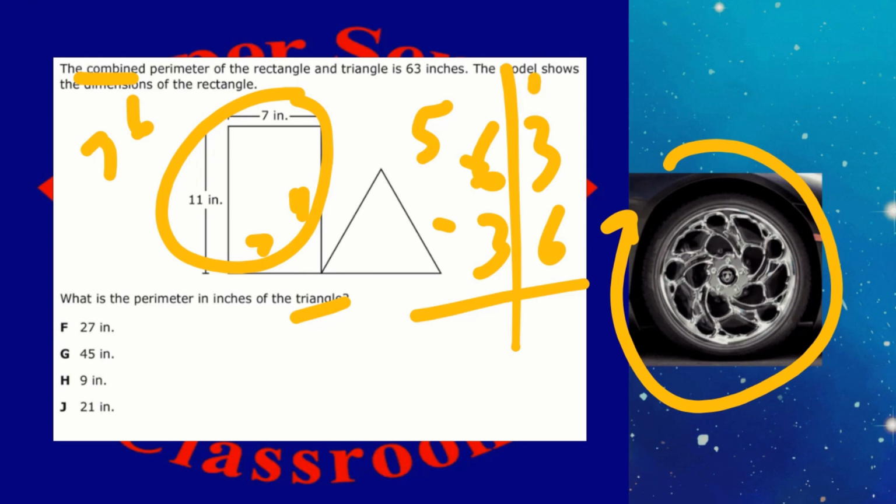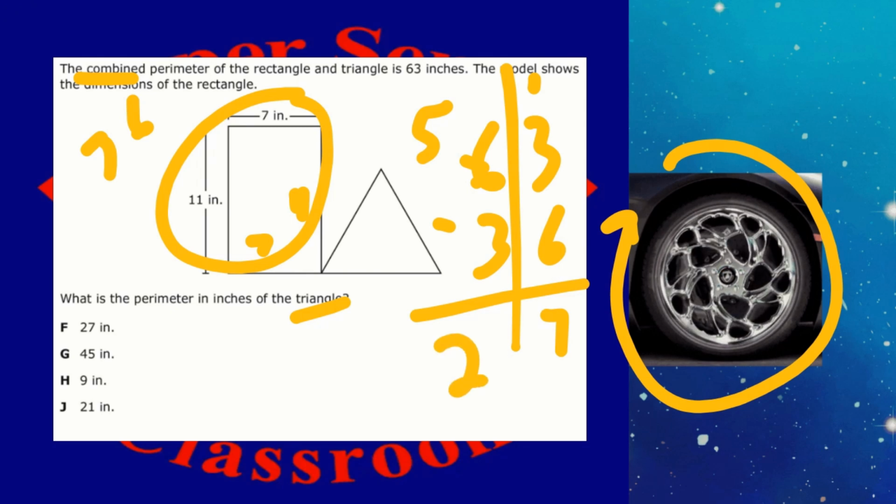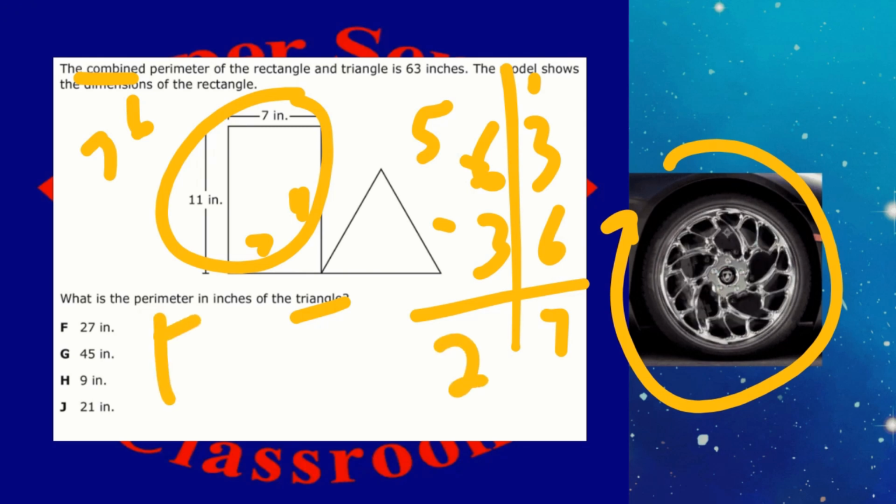There's 5. 13 minus 6 is what? 7, right? 5 minus 3 is 2. I gave it away. So the answer would be F, right? That's the perimeter of the triangle.